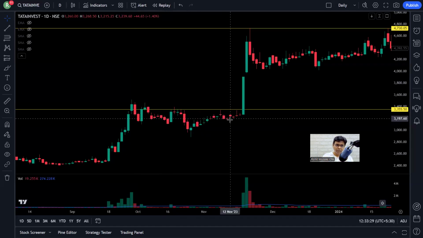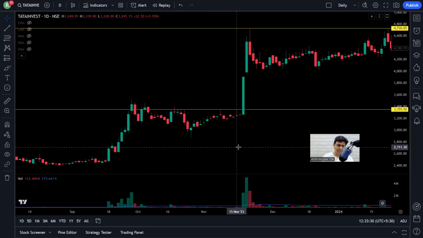But the more the number of candles, the better is the base. More consolidation means the stock is taking more time to rest, and the more time it takes to rest, the better is the quality of the base. So remember this, more candles in the base means higher the quality of the base.